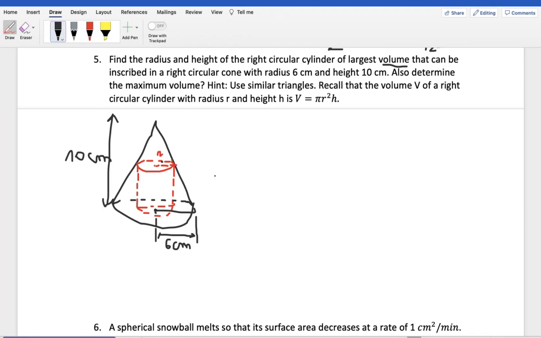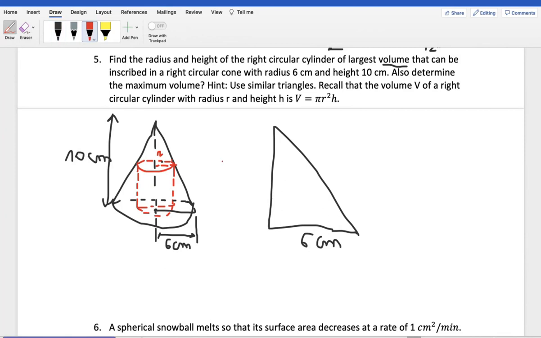Now, if you had to represent it in 2D, you'd have something like this. The bigger triangle would look something like this, with this being equal to 6 centimeters, because you're only considering one side of this cone, let's say for example this right hand side here, and you're projecting it into a 2D page.